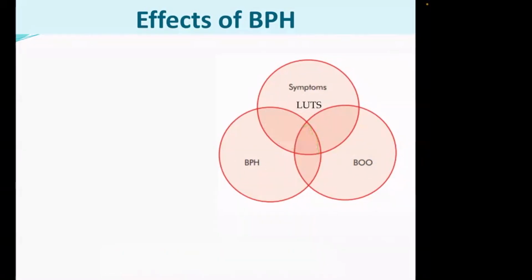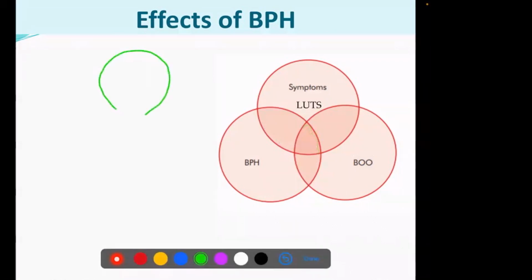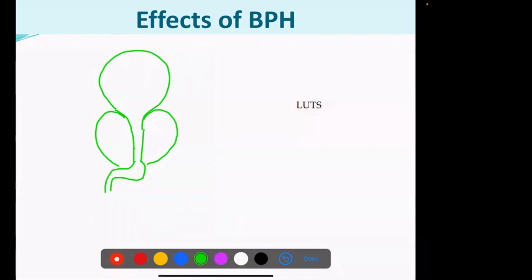Let me explain one thing. See, this is the bladder. This is the prostate. I already told you that the prostate comprises fibromusculoglandular tissue: glands, fibers, and muscles.